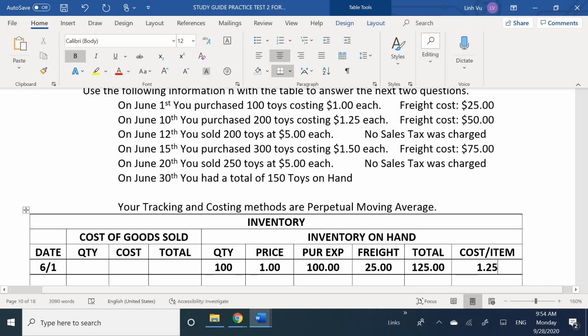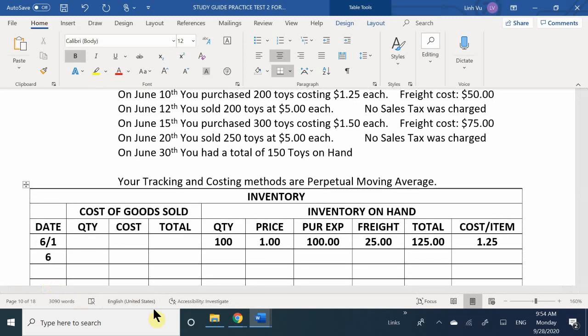Good. Now, what was the next thing that happened on June 10? Another purchase. Another purchase of how many? 200 shares at $1.25 each. Divided equals 250. Plus the 50 shares is 300.